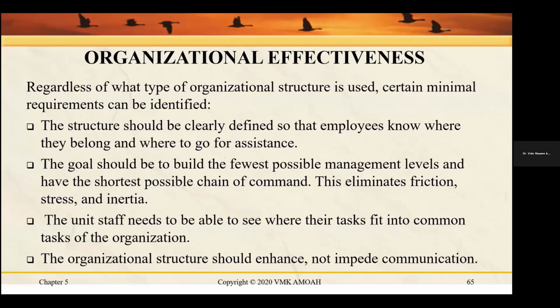And you know chain of command. This eliminates friction, stress, and inertia. The unit staff need to be able to see where their task fits into the common tasks of the organization. And so the organizational structure should enhance, not impede, communication.